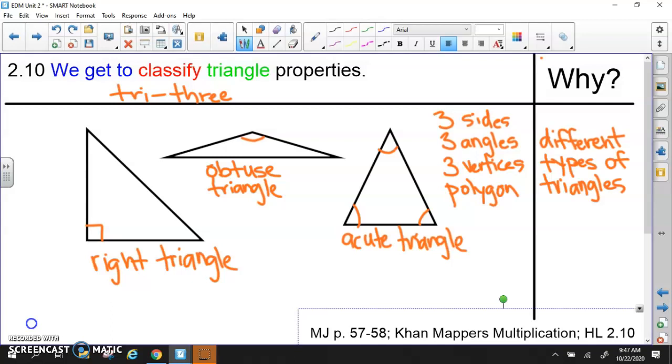Okay, wonderful. There's another way to classify some triangles, okay? How about this word? Equilateral. What does equilateral sound like to you?